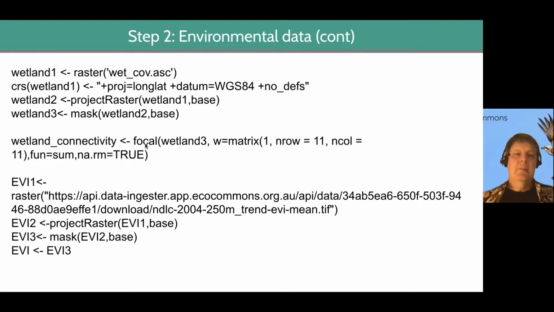And then here's an example of a focal function. So that's that neighborhood function. And what we're going to do is sum all of the, so we have a percent cover in wetland cover.